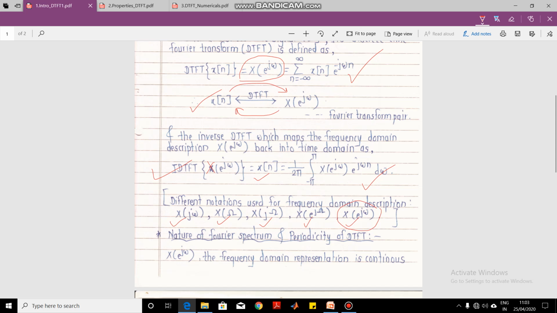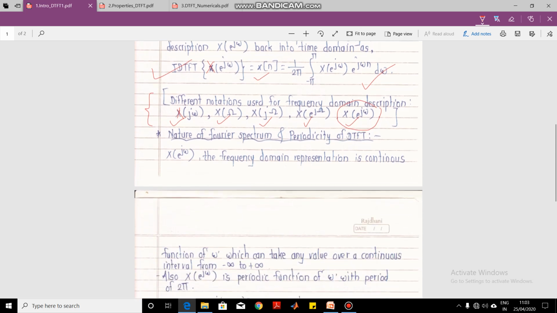In all these notations, one thing you have to observe is that it is always denoted by a capital letter. Whenever you denote a frequency domain representation of a signal, you denote it by capital letters, and when you denote the time domain signal, you denote it by small letters.